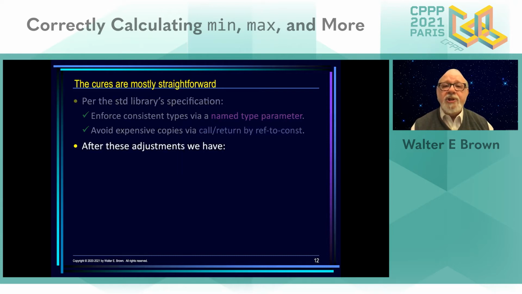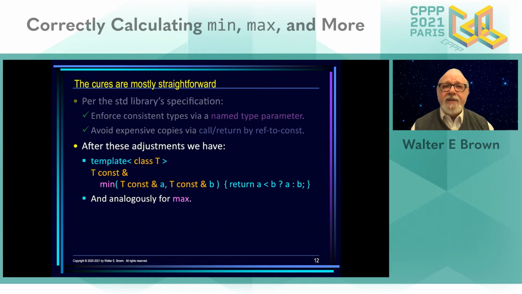And after those adjustments, what we have looks approximately like this. And of course, analogously for max. Here we're using T as the underlying type, and both our parameters are of type T, well, reference to T, but nonetheless, they will be T's.